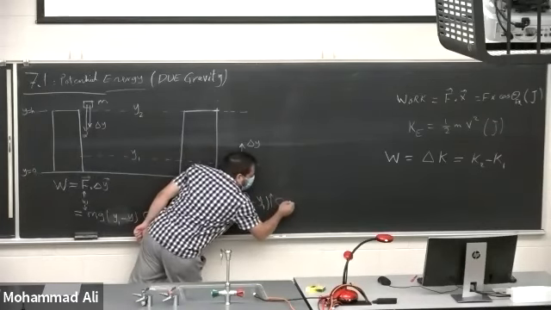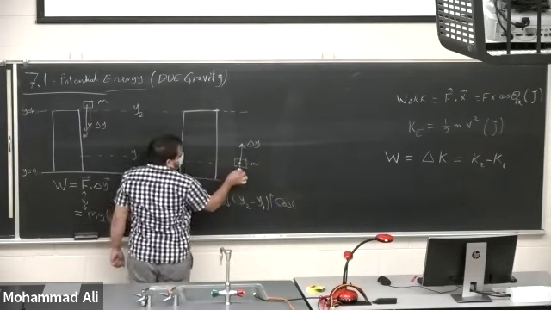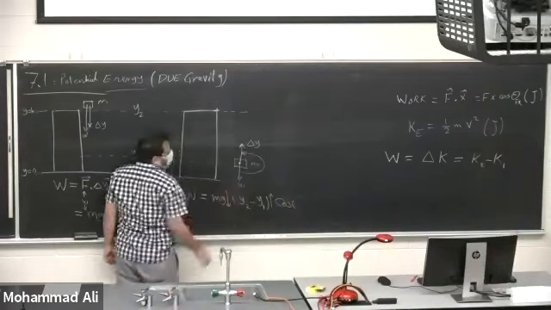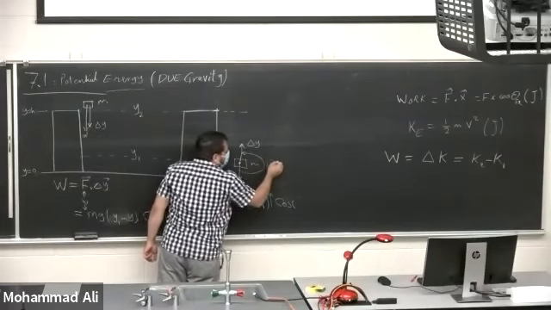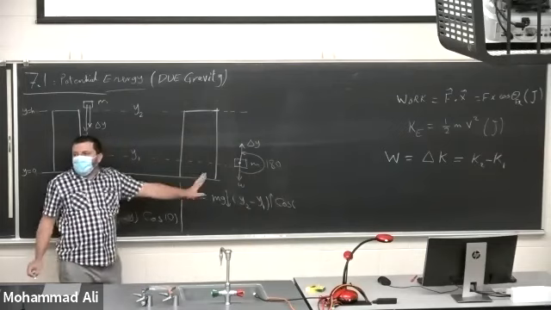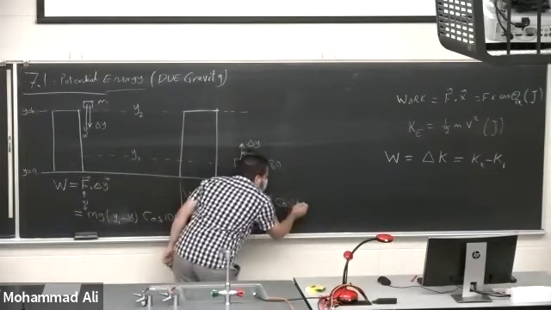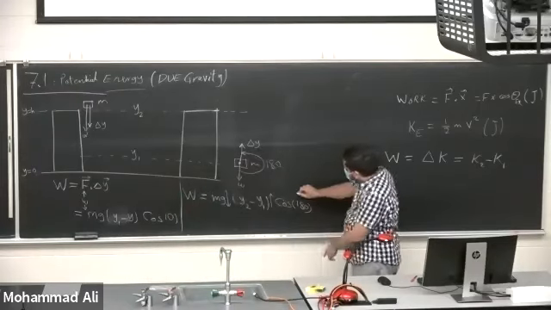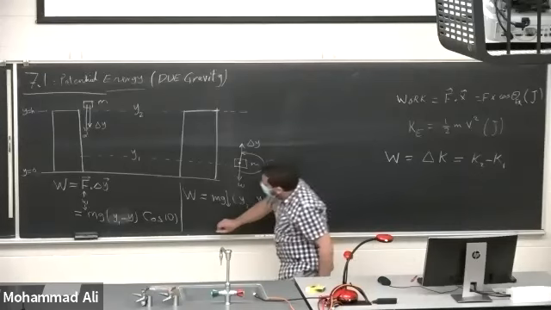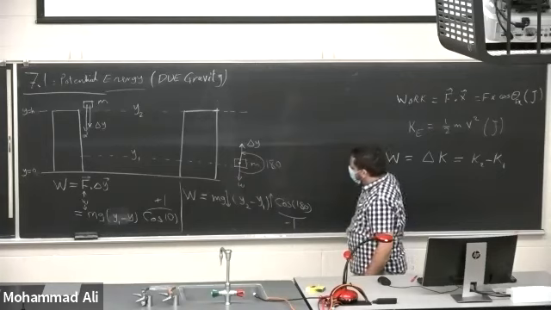So cosine theta, how much is theta here? Yeah, it is pi or 180. Any question about that? Cosine theta in this case is minus 1. This is minus 1, this is positive 1.